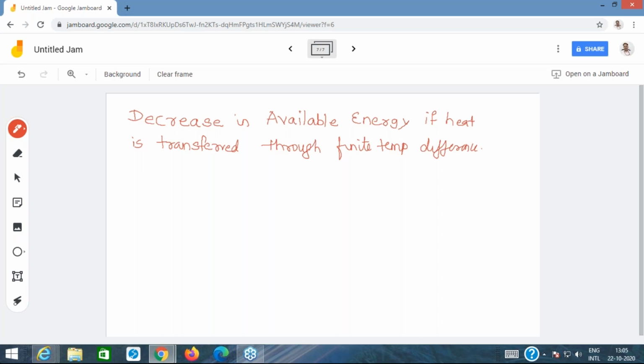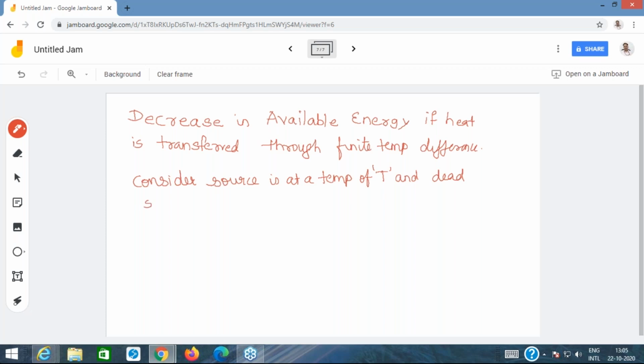Okay. So let us say that there is a heat Q which is to be transferred. Consider that the source is at a temperature of T, and the dead state temperature is T naught.